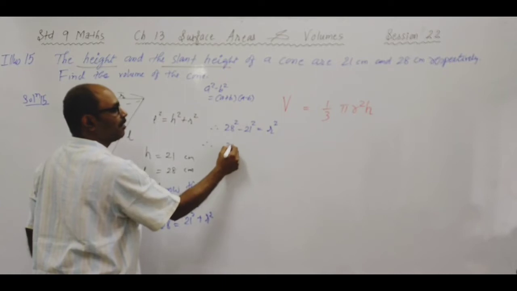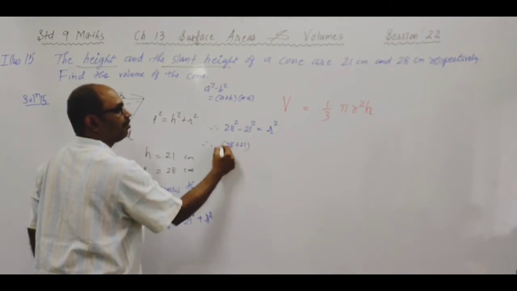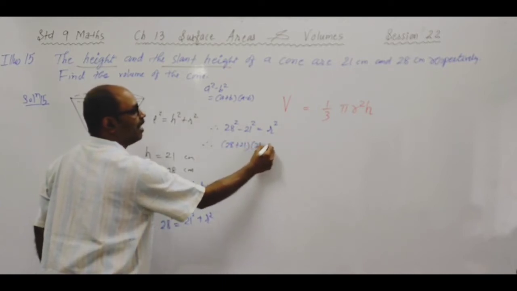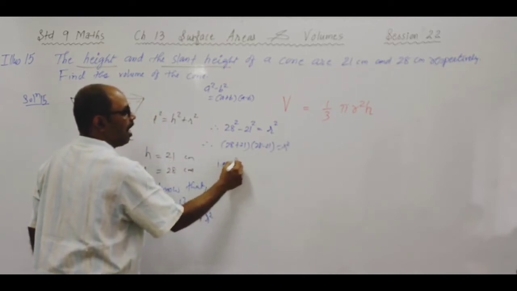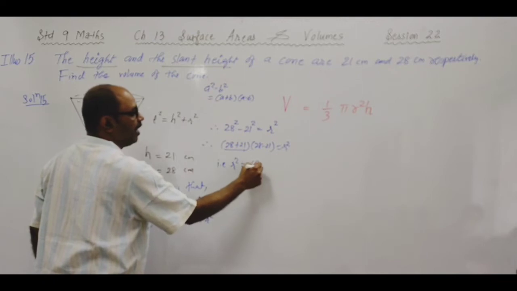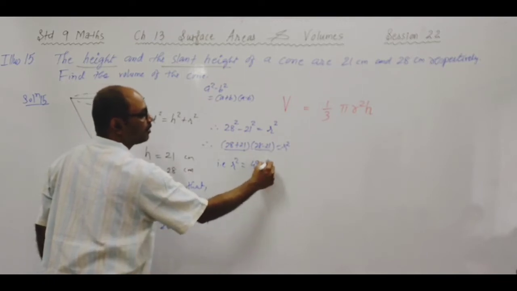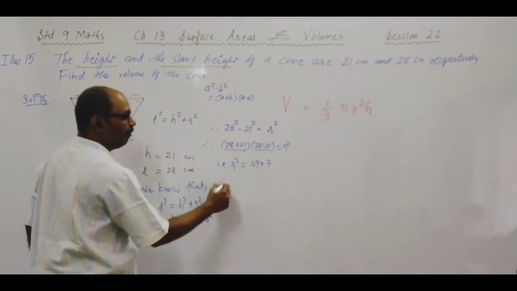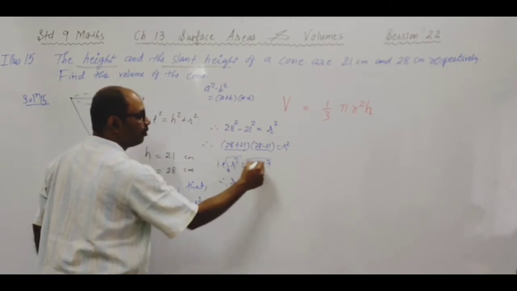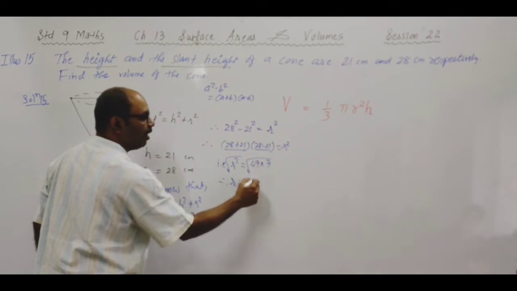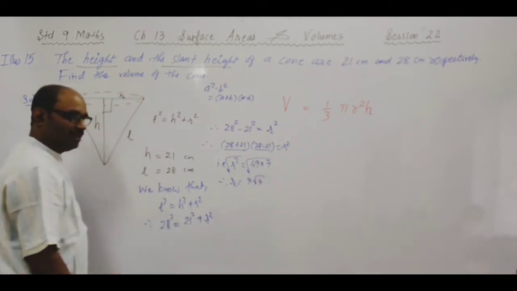It's already squares, so 28 plus 21 into 28 minus 21. That is r square, i.e. r square is, this is 49 and this is 7. Therefore, r is equal to, taking square root on both sides, so 7 is out and 7 is left inside.